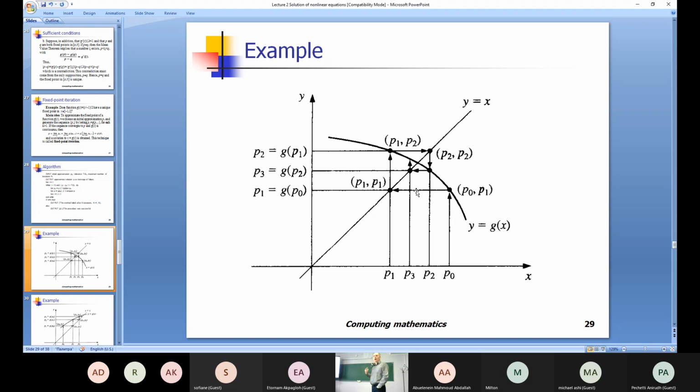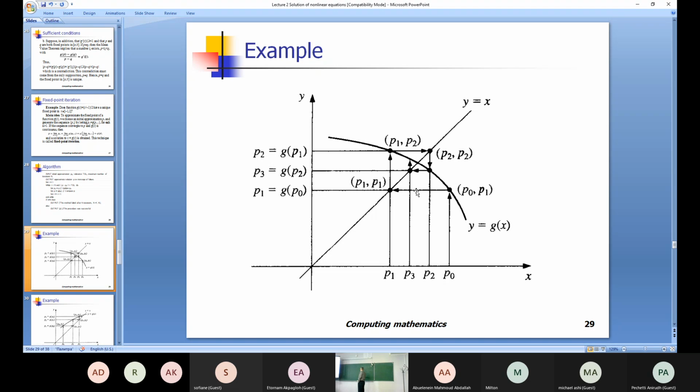What will be P1? How do we compute P1? It's g of P0, which is cosine 0. Right. So the first step, P0 equals 0.